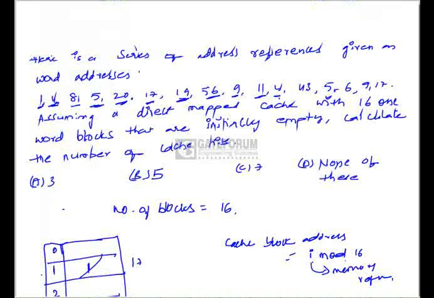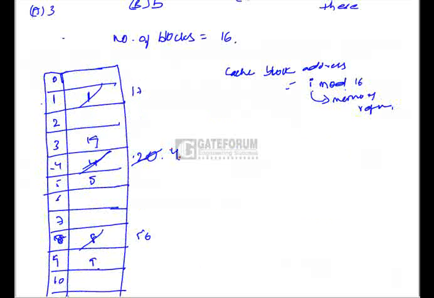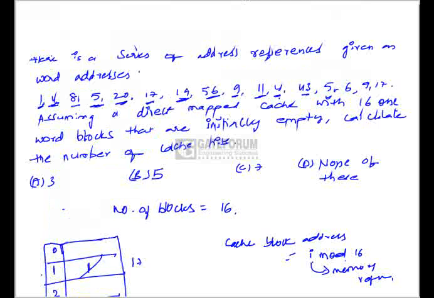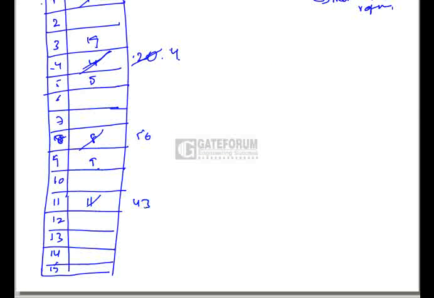Now 4 will be placed at 4 mod 16, which is 4, so 20 will be replaced with 4. Now 43 will be placed at 43 mod 16, which is 11, so 11 will be replaced with 43.